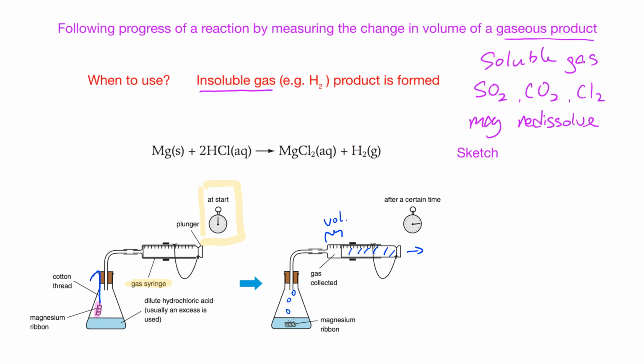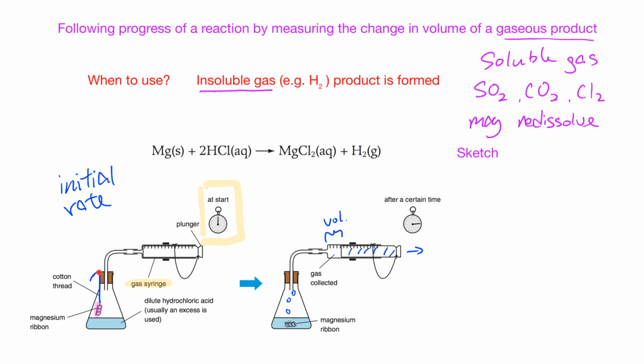Basically, in this setup, you can see we have a cotton thread hanging right there. Remember, the initial rate should be the highest rate, so we don't want some of the gas produced to leak out from the system. If we just take away the stopper, drop the magnesium ribbon and put back the stopper, some of the gas produced may leak out very quickly.